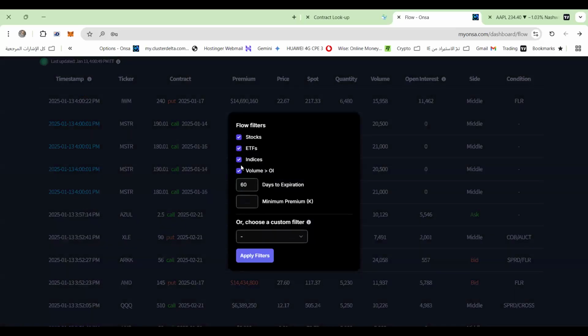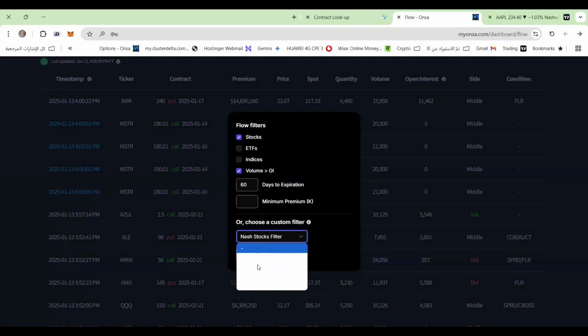Here we can use whatever we want. Let's say that we need only stocks with 60-day expiration dates, and I will choose the Nash stocks filter, or we can use the Nash ETF filter, or maybe you can choose whatever is Camel Bearish or Camel Bullish.